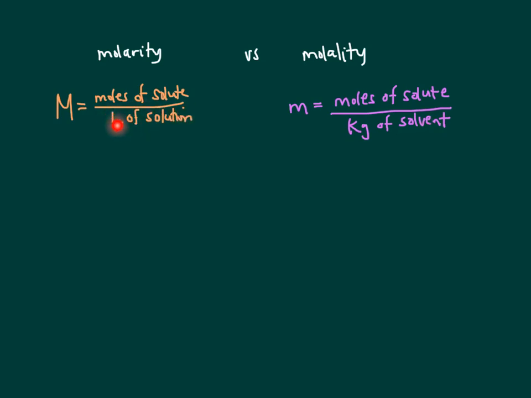Here we're measuring the whole solution in liters for molarity, and for molality, we're only looking at the solvent, or the part that's the solvent on the bottom here, and we're measuring it by mass. So be really careful and make sure that you pay attention to your units and what you're given and what you're asked to find, because it can get very, very tricky if you don't.